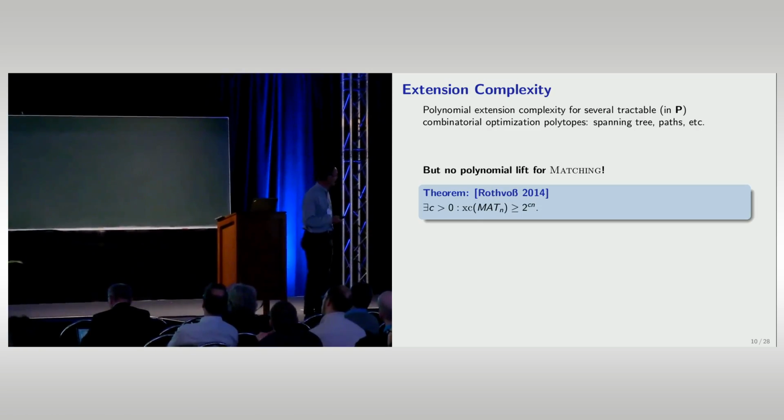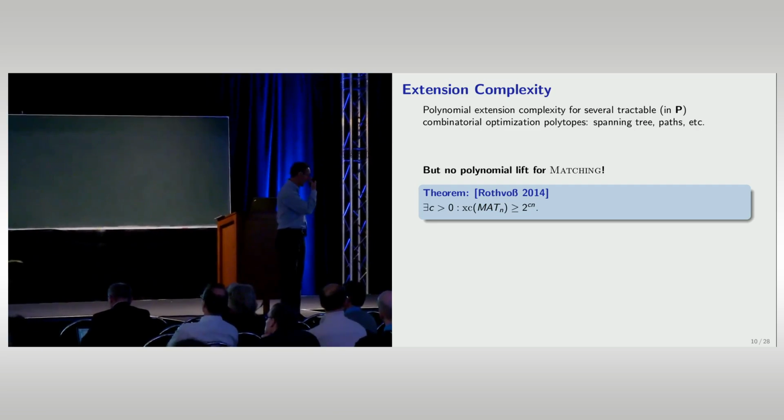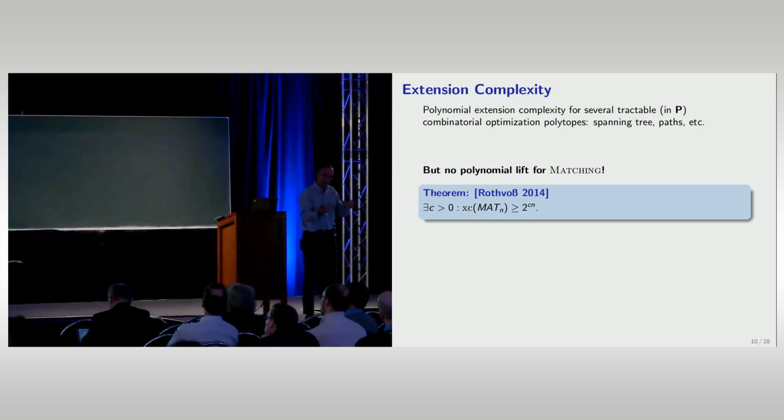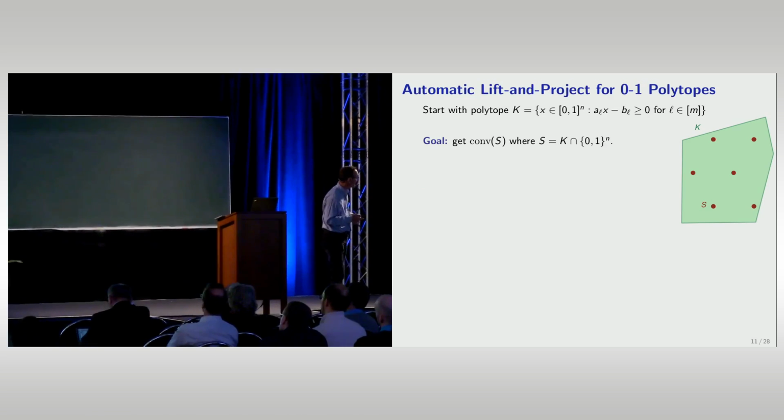And last year, Thomas Rothvoss proved that for the matching polytope, it's a problem that's nicely characterized. We know the inequalities, but you cannot lift it with only polynomially many inequalities. So that's quite surprising. You need 2 to the constant times n inequalities. That was a major result obtained last year.